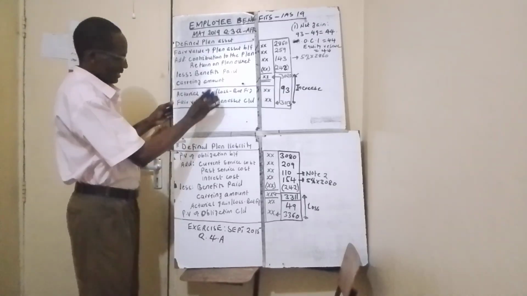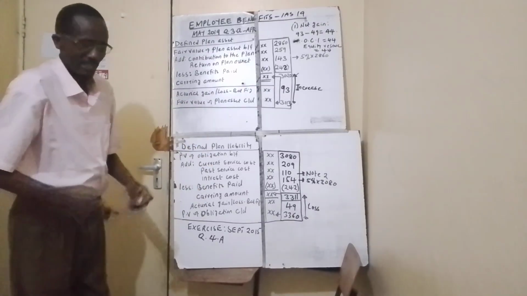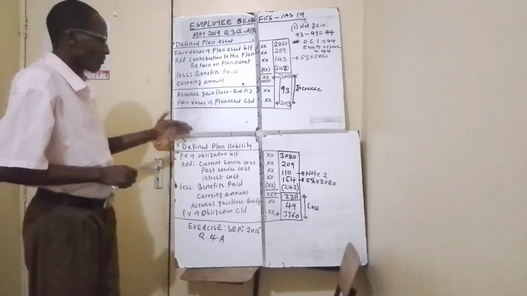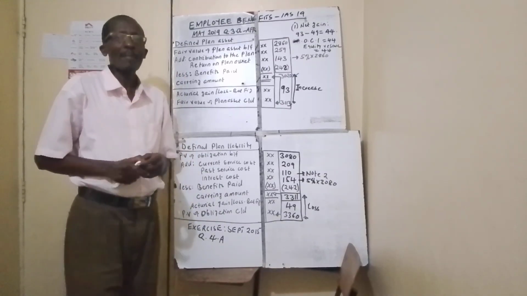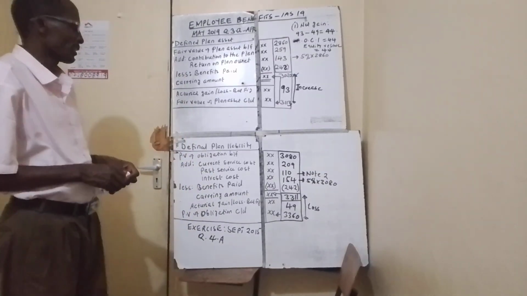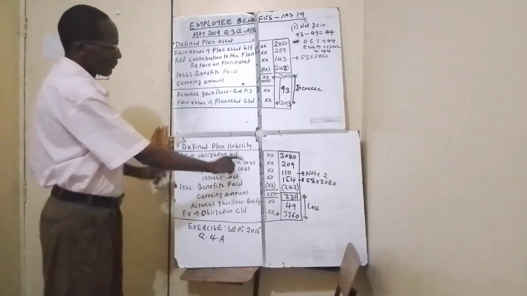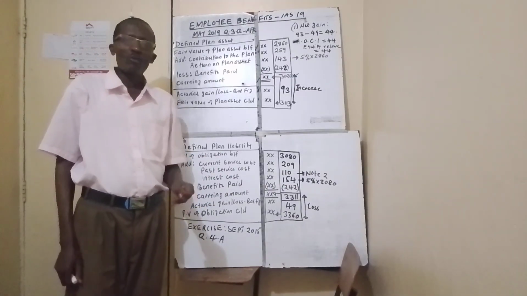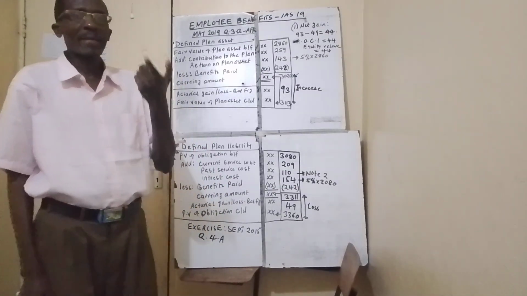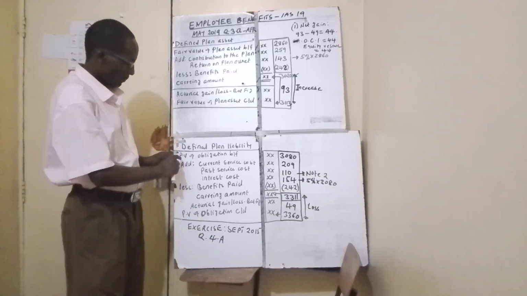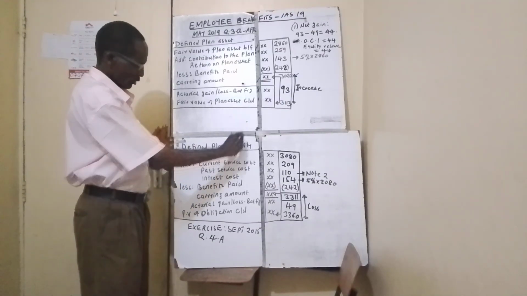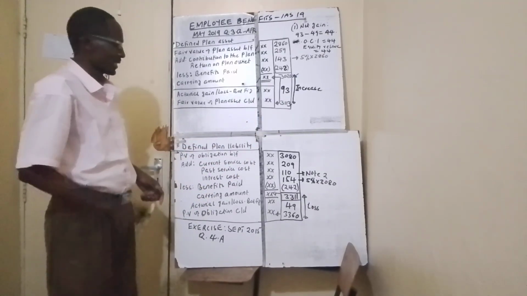Now, once you get that, you prepare the other table, which is to do with defined plan liability. Realize that the present value of obligation, the other name for obligation, is liability. So present value of obligation brought forward is the starting balance.